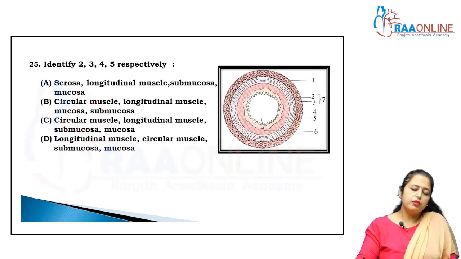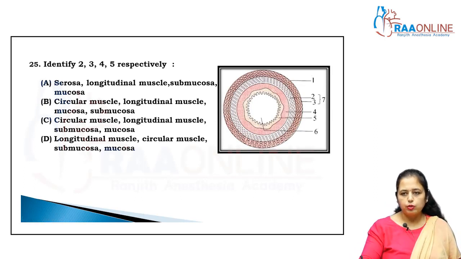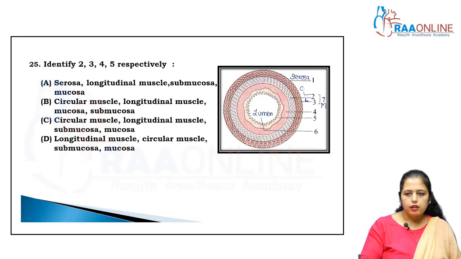This is again the diagram of the wall of the alimentary canal, right? The outermost layer is the serosa. 2 is the circular, 3 is the longitudinal and 7 is the muscularis, right? The fourth one is the submucosa, fifth is the mucosa and sixth one is the lumen.